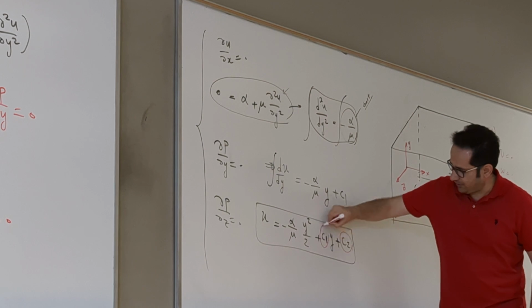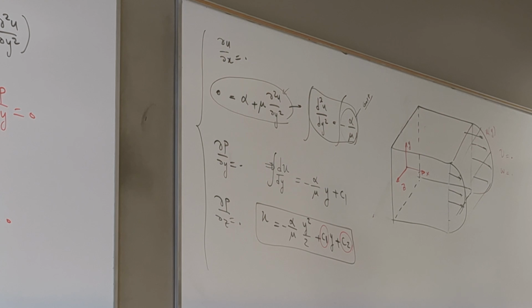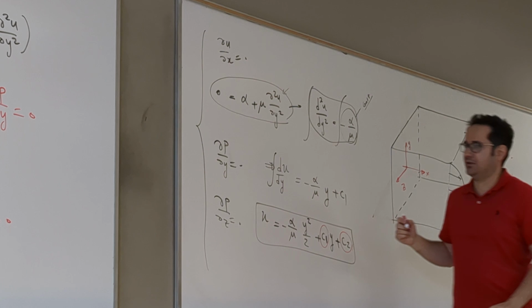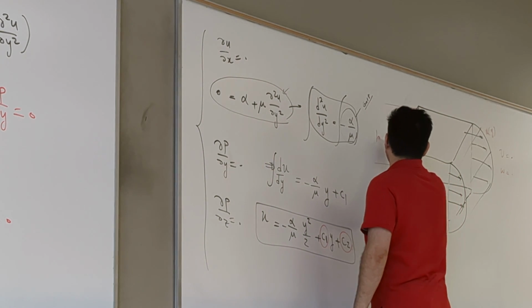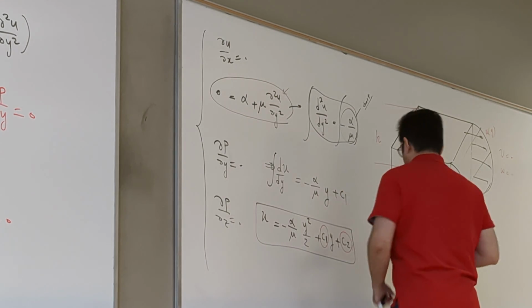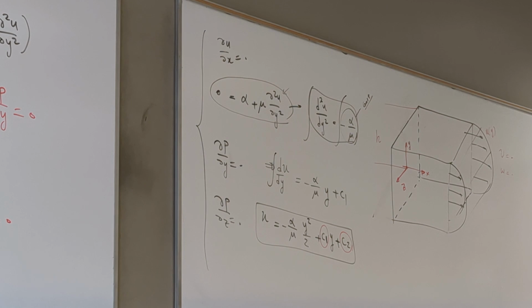Now, how can I get c1 and c2? How can I get these two? We had this in the first two or three chapters. Remember applying the boundary conditions. Let's say this is the depth, from here to here, this height, call it h. From 0 to the top is h.